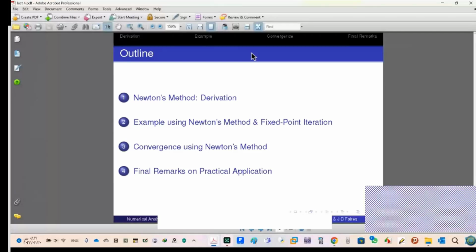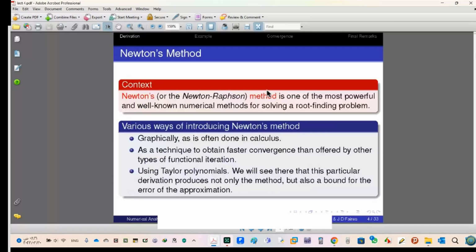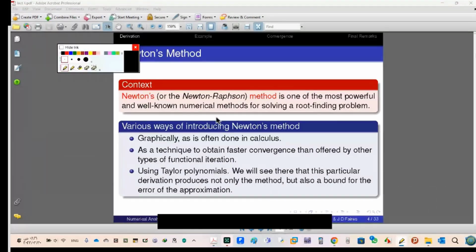Our lecture today is based on two main methods to find roots. What are these methods? The first method, and the very important method, is called the Newton method or Newton-Raphson method, same thing.